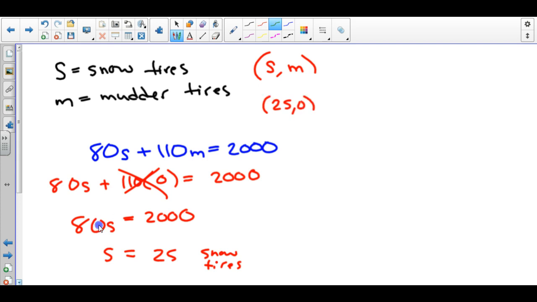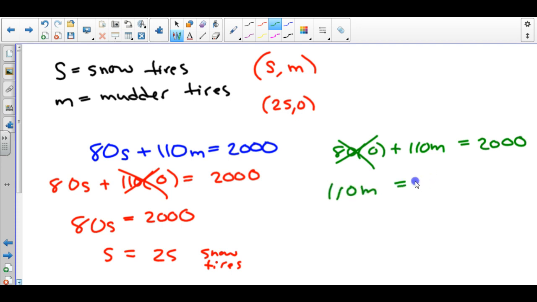Your other end of it would be to substitute 0 in for your S. So if I did 80 times 0, meaning 0 snow tires and only mudders, your equation would look like this. The first part of it would go away, because multiplying by 0 is 0, and I would be left with 110M equals 2,000.